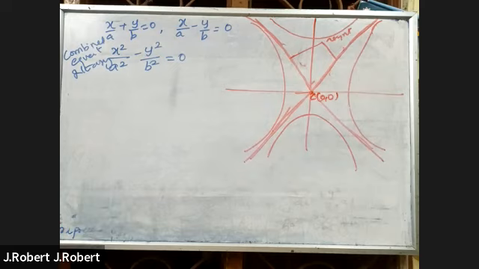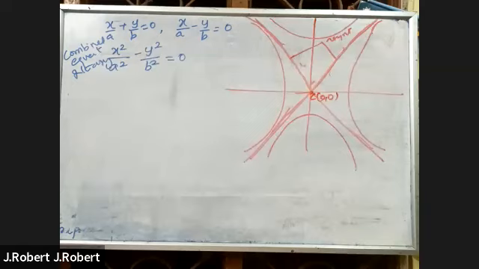Please take down the combined equation of the asymptotes and that it differs from the hyperbola only by the constant. Note போட்டு எழுதுங்க. The equation of the asymptotes differs from that of the hyperbola only by the constant.